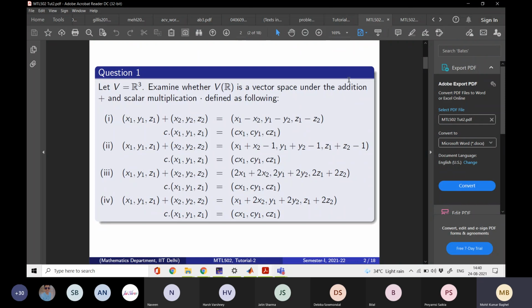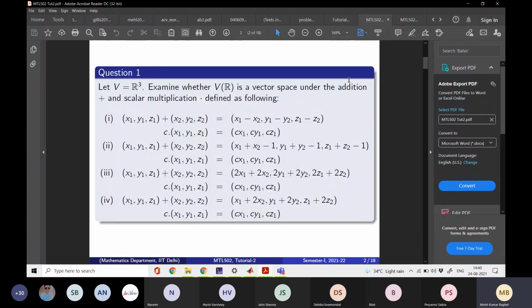Because for the coming question, that much work you have to do. Yes, sir, it is satisfied for R over R.